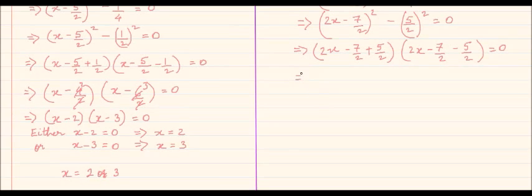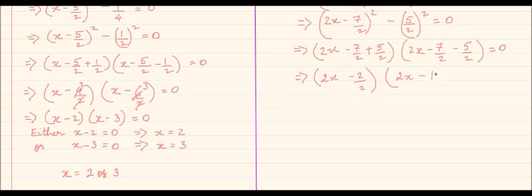Next, both are having the same denominator, and minus 7 added with a plus 5 will be giving us a minus 2. So it is (2x − 2)/2, and 2x and minus 7 added with minus 5 gives us a minus 12.